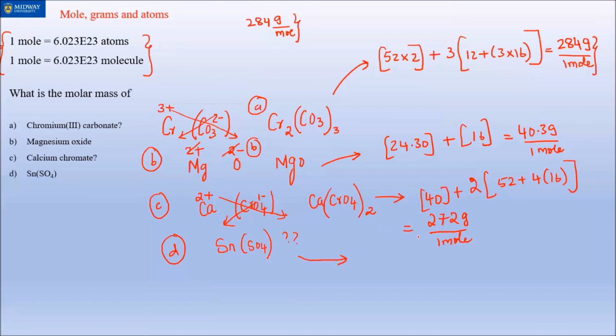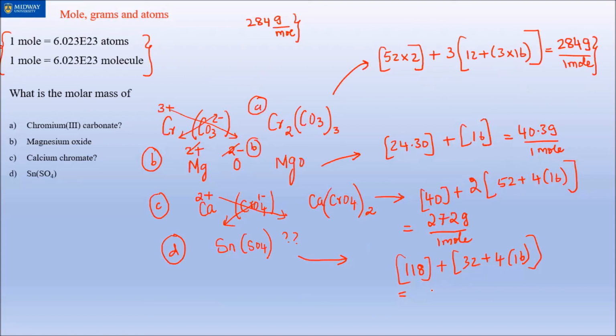So tin is about 118, plus sulfur is 32, plus 4 times oxygen is 16. That will be 118 plus 64 plus 32.